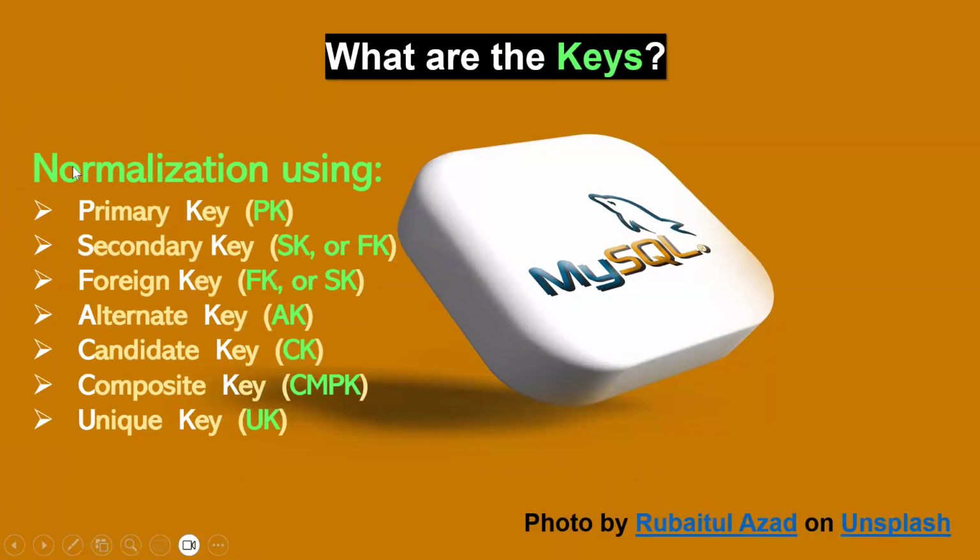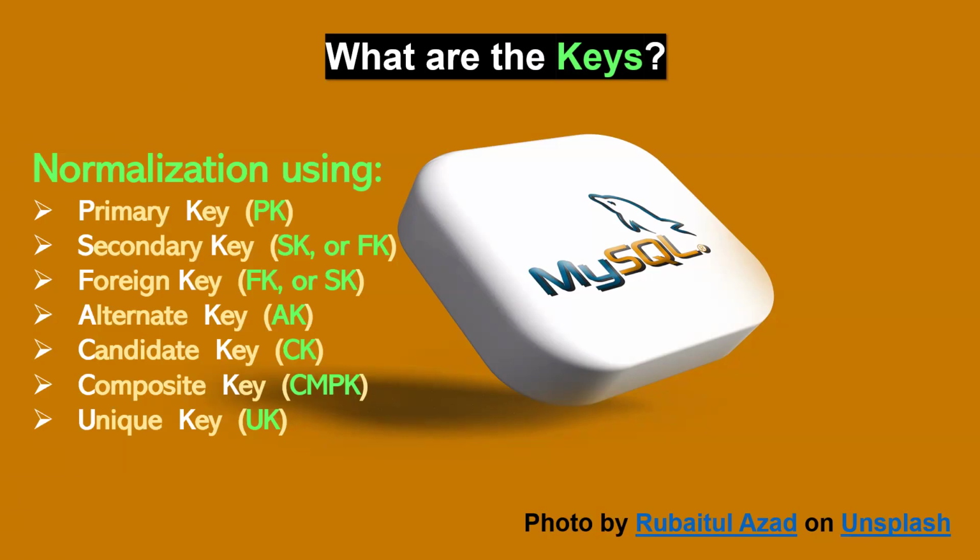So there are a number of keys. First, let's discuss what a primary key is. A primary key is one or more fields that make a record unique in a table. So you have a table, and whatever number of fields makes a record unique, that is the primary key you choose. That could be one field or multiple fields.